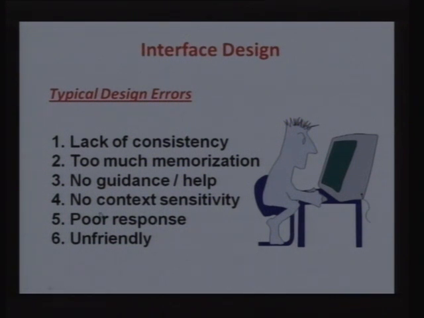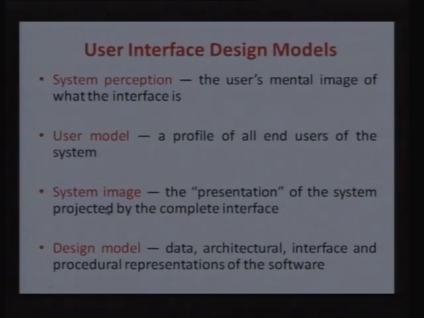These are the very common kinds of design errors that we normally come across. These are some of the design models that you certainly must be aware of: system perception, the user model, the system image, or the design model.